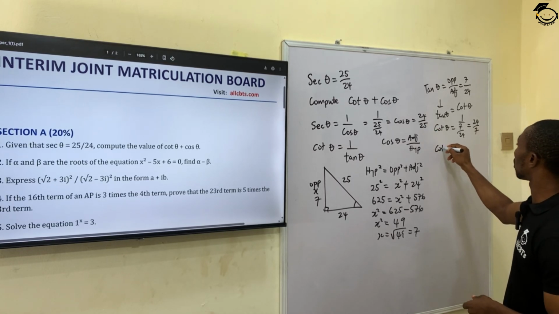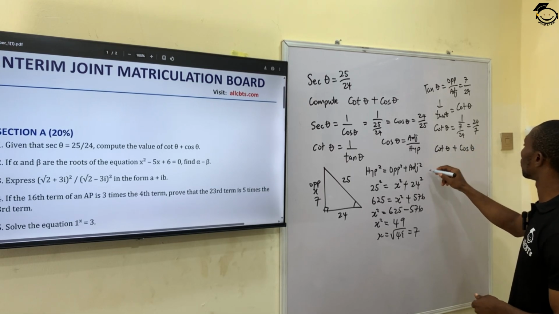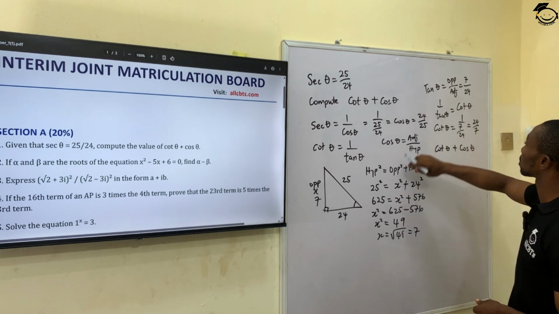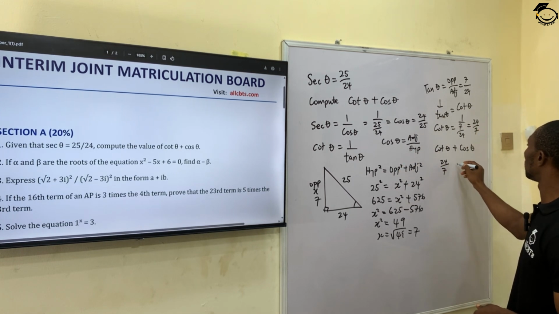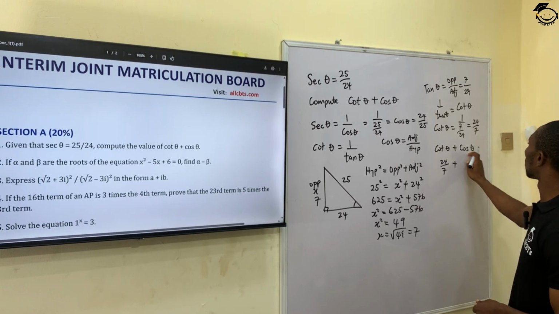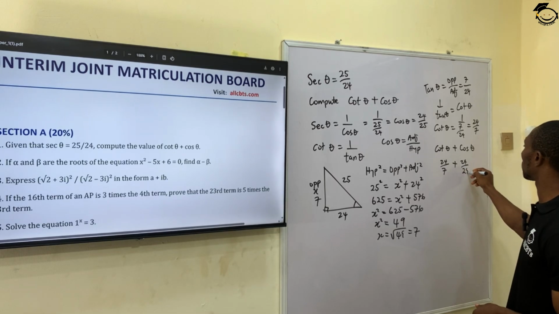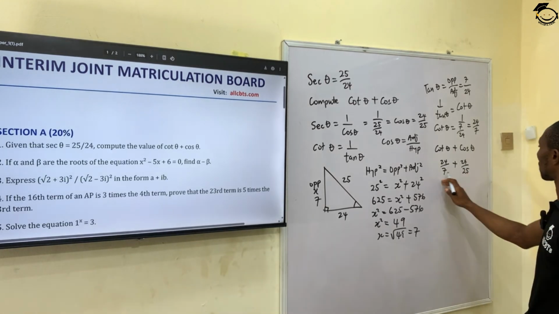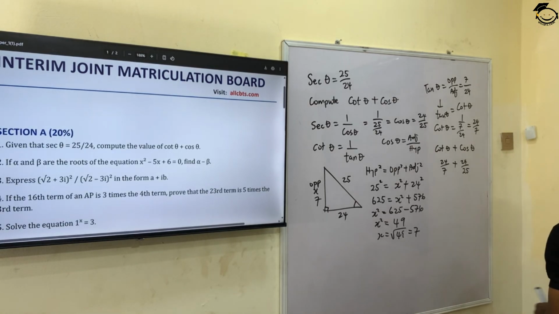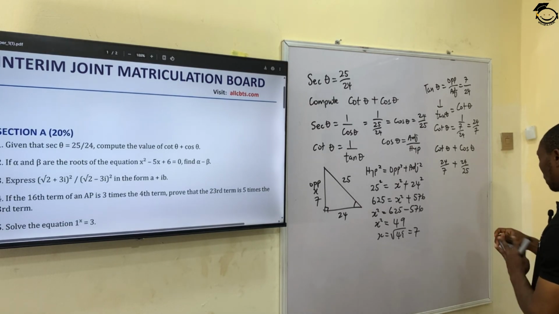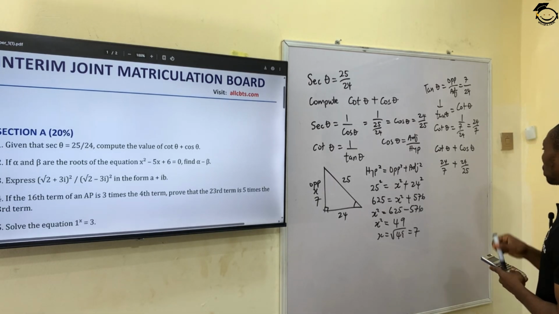So cot theta plus cos theta would be, cot theta is 24 over 7 plus cos theta, which is 24 over 25. Now, if we do this, our LCM here will be 25 times 7, which will give us 175.